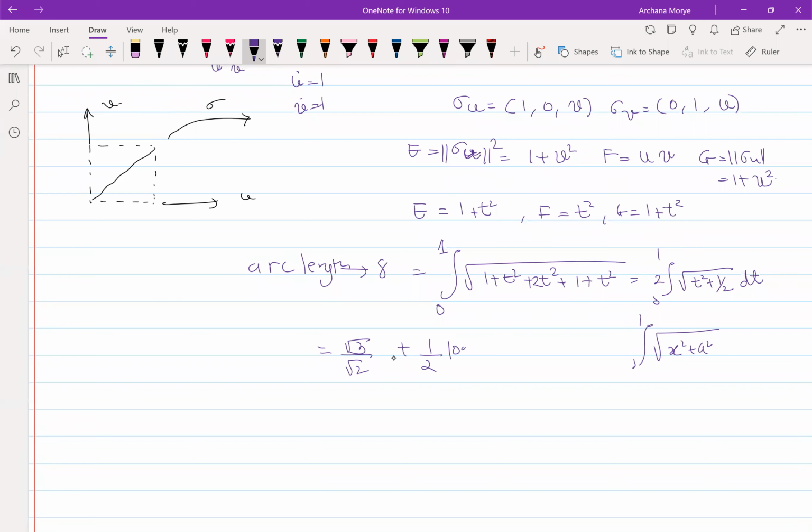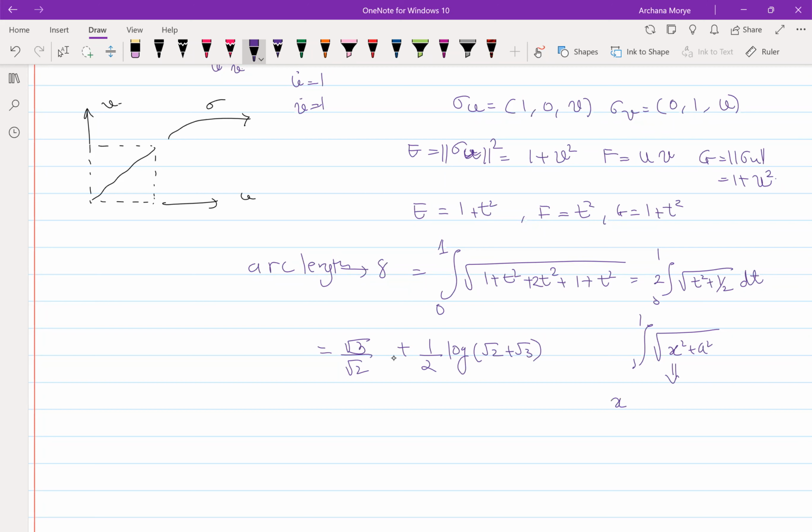Okay. I actually calculated, but I did not write a formula. I directly wrote something here. I substituted, so just check what this formula is, and then you will get this.